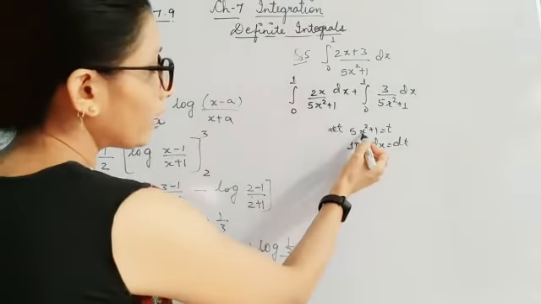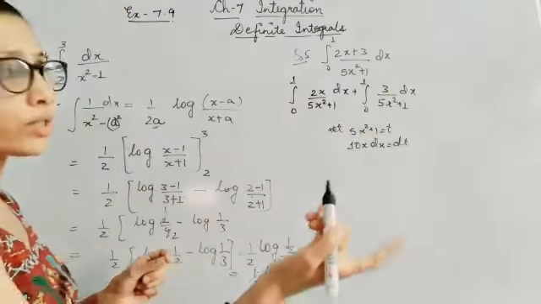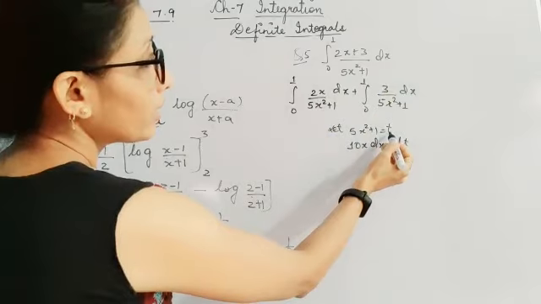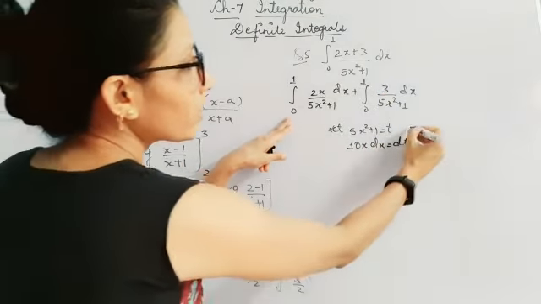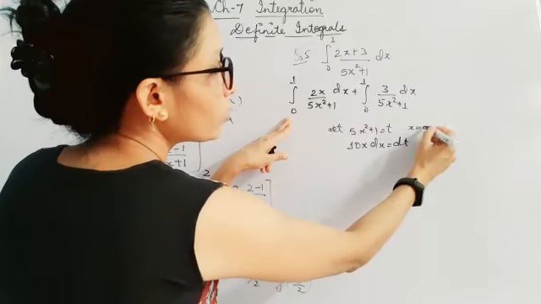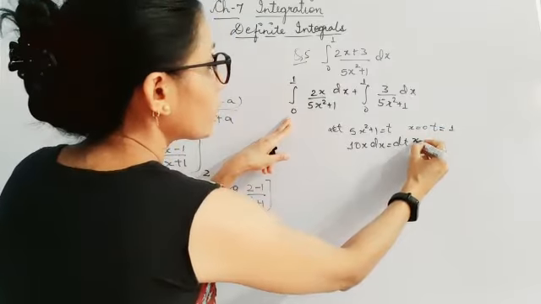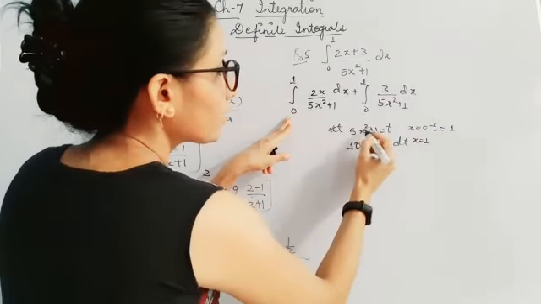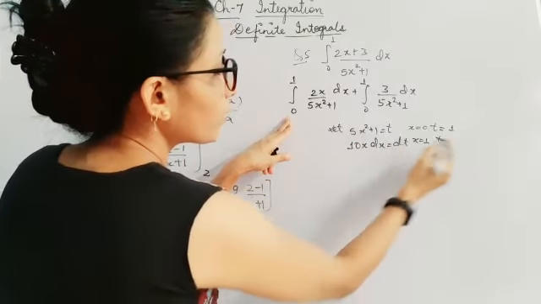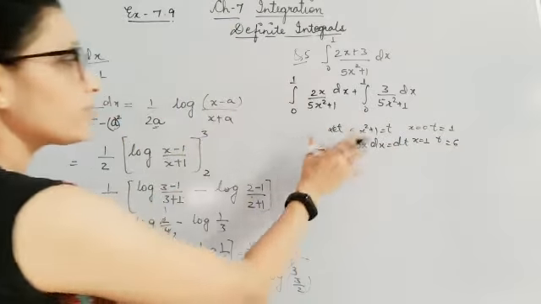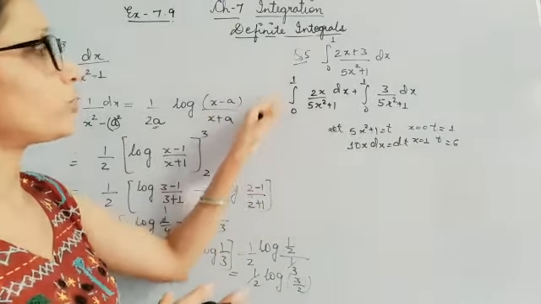So if x equal to 0, then t will be equal to 1. If x is equal to 1, then t will be 5 plus 1, that is 6. That means whenever you are going for the substitution method, you have to always change the limits.